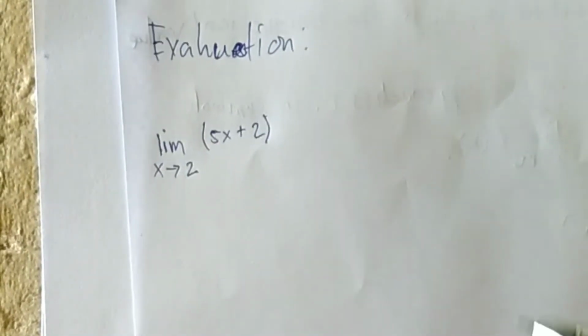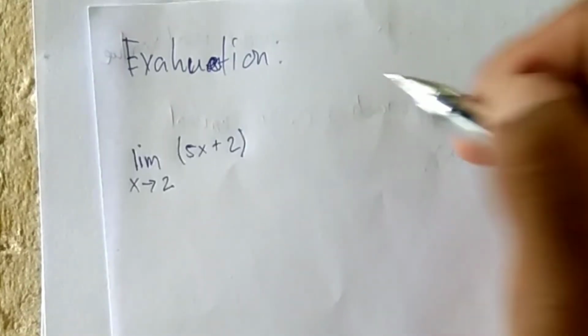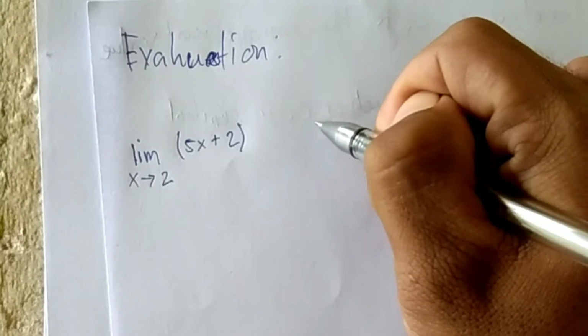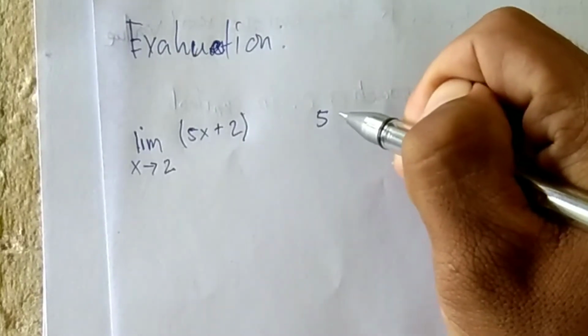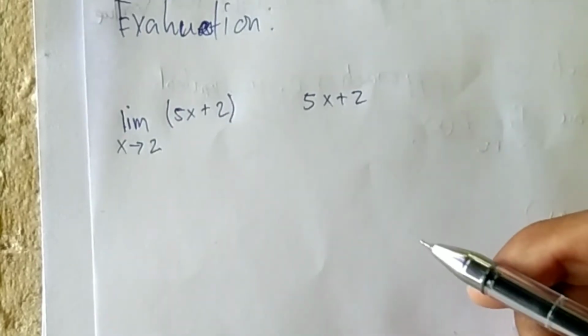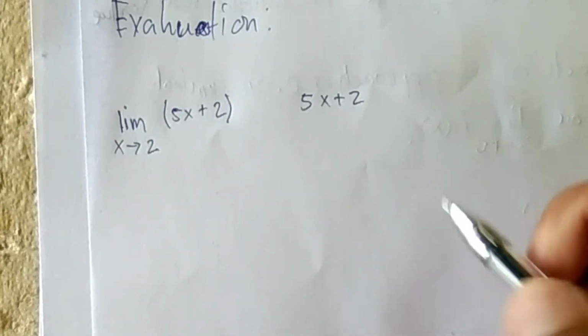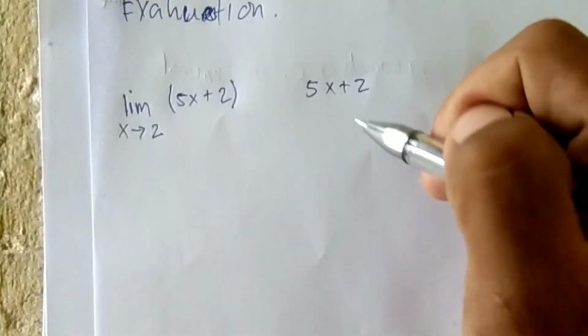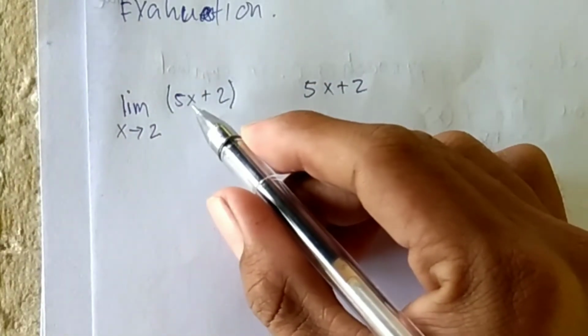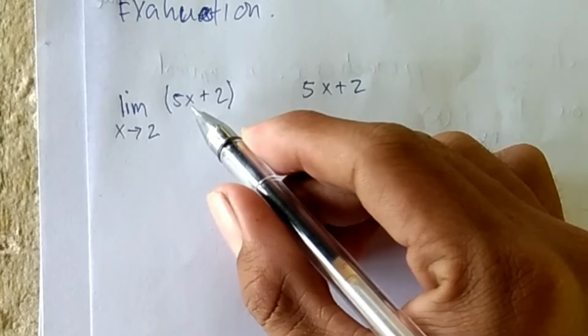So, ang unang gagawin natin, i-copy muna natin yung 5x plus 2. Tapos, the next is yung 2 natin i-substitute natin sa x.